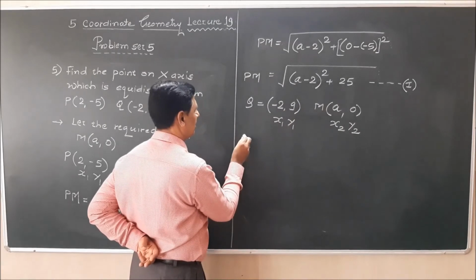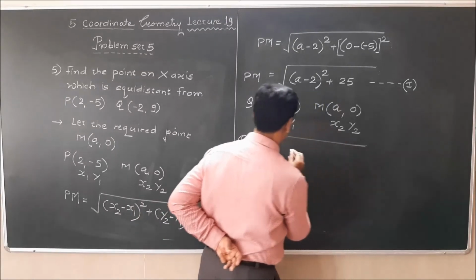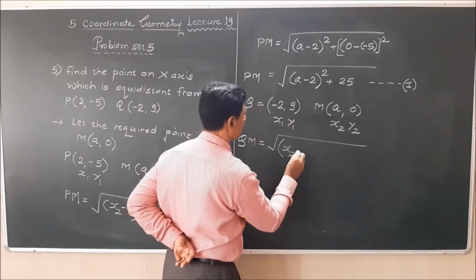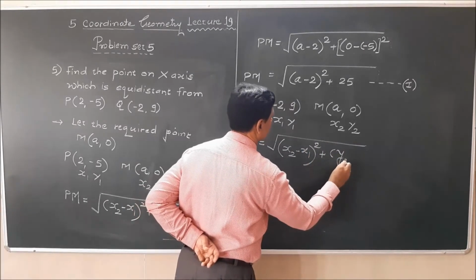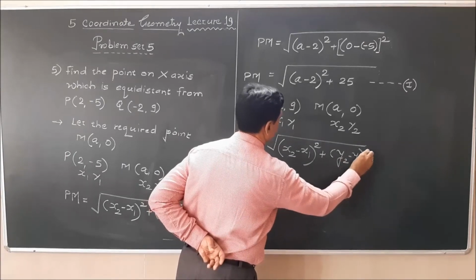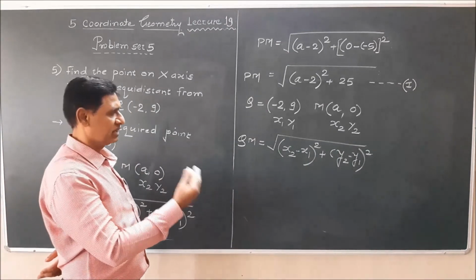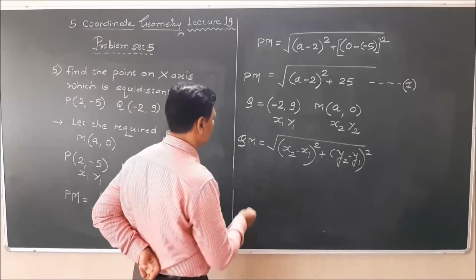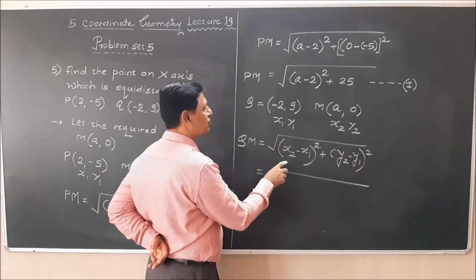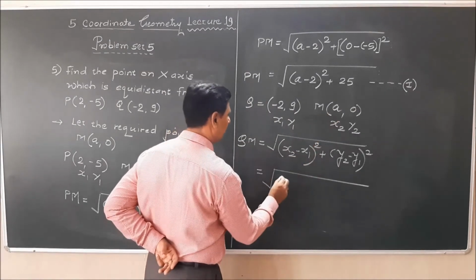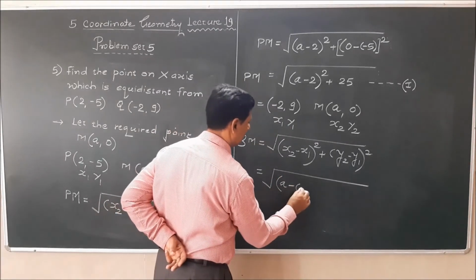By distance formula, QM is equal to root of x2 minus x1 the whole square plus y2 minus y1 the whole square. In this case also I use distance formula. Substitute the values. x2 minus x1. What is x2? a. Be careful here. a minus x1, which is minus 2.